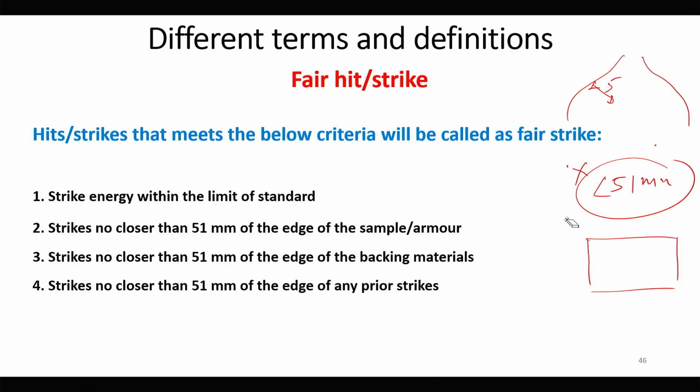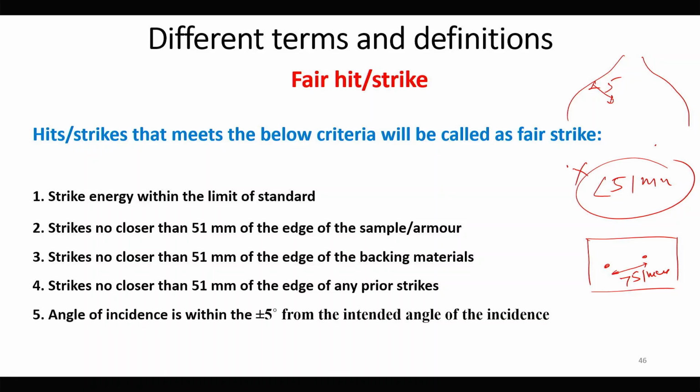And the distance between two consecutive strikes should be more than 51 millimeter. These are basically the fair strike characteristics, and the fifth one is the angle of incidence that we have discussed.